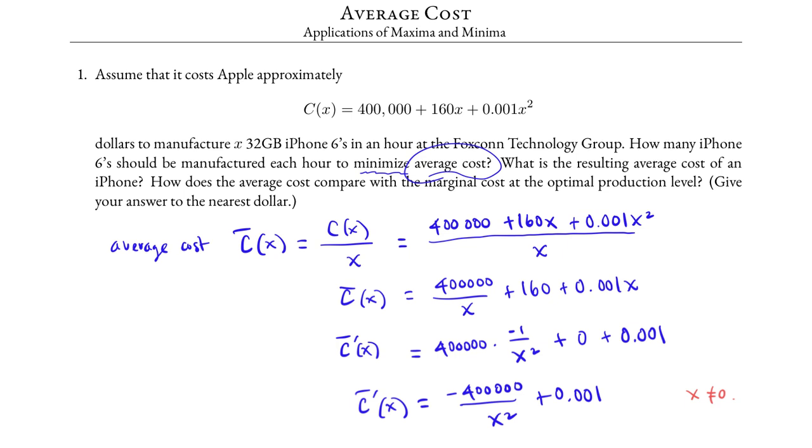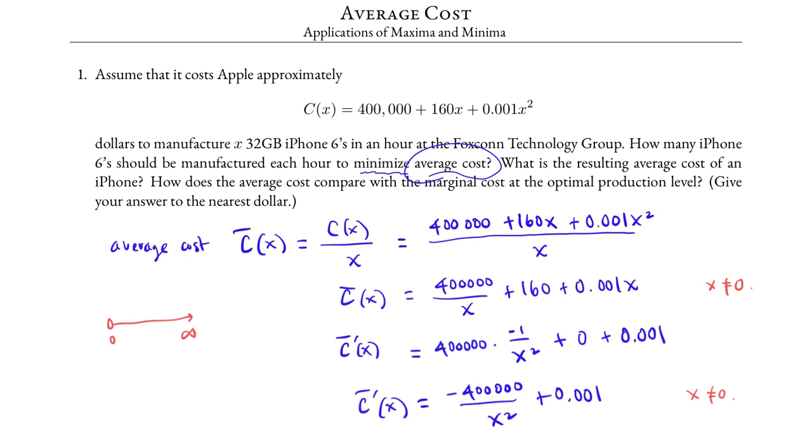However, this is not a critical point because the average cost has x in the denominator, and so the average cost function is defined when x is not 0. Also, since x is the number of iPhones, it cannot be negative. This means we're dealing with x that is strictly greater than 0.